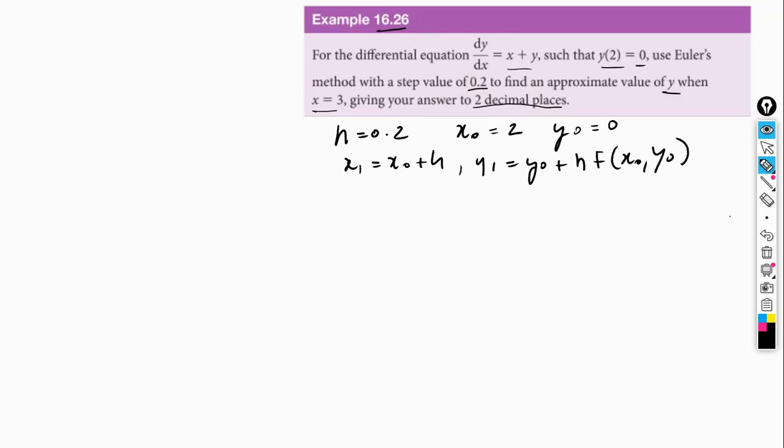So x1 is going to be 2 plus 0.2, which is 2.2, and then y1 is going to equal 0 plus 0.2 times (2 plus 0). That's using the differential equation, right? And this equals 0.4. And then we continue this in the same way until we reach 3 for x.